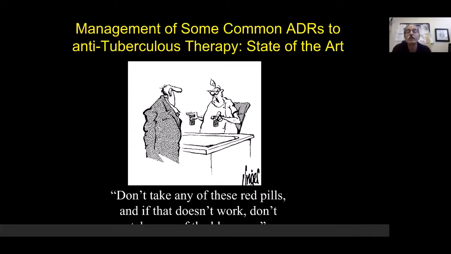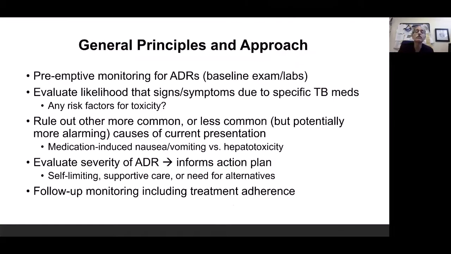These are just some general principles of approaching adverse drug reactions. Part of it involves that baseline evaluation and preemptive monitoring. And then when we evaluate signs and symptoms in a patient, like that case that we just talked about earlier, who felt her medicines were making her sick, does she have risk factors for toxicity?